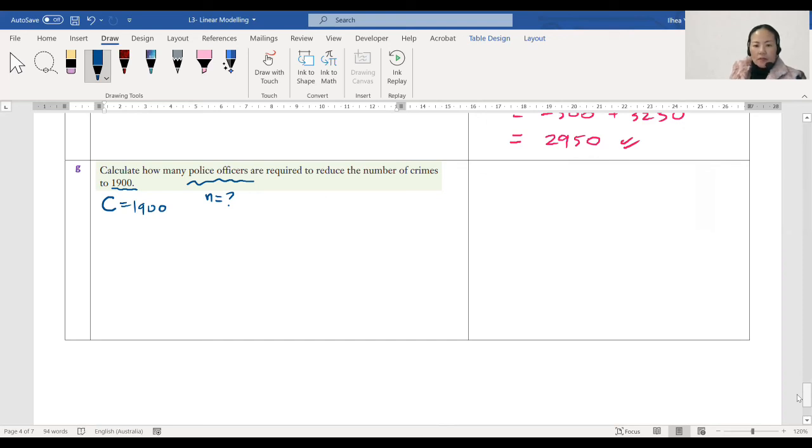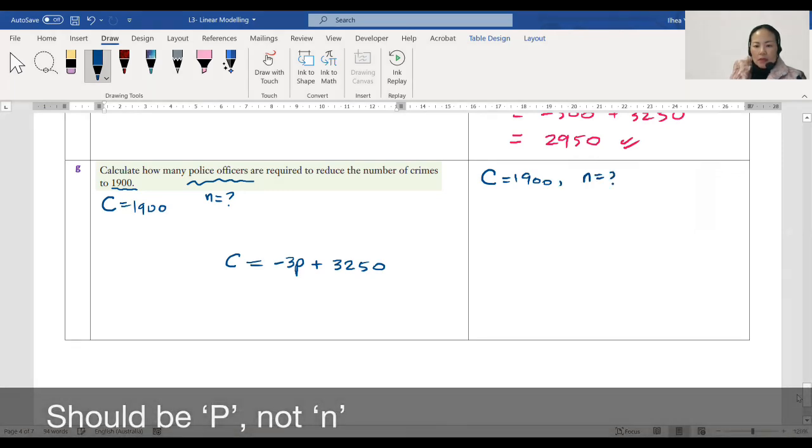So our equation was minus 3P plus 3,250. If C equals 1,900, what will be our P? I'm going to substitute in. So 1,900, because that's the crime, equals minus 3P plus 3,250.